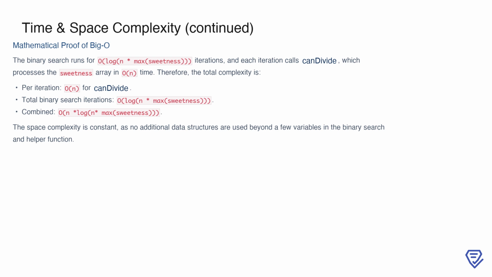Combining these, we multiply the time per iteration, O(n), by the number of iterations, O(log(n * max sweetness)). This results in a total time complexity of O(n * log(n * max sweetness)). For space complexity, we observe that the algorithm only uses a fixed number of variables, without any additional data structures, leading to constant space usage, or O(1).